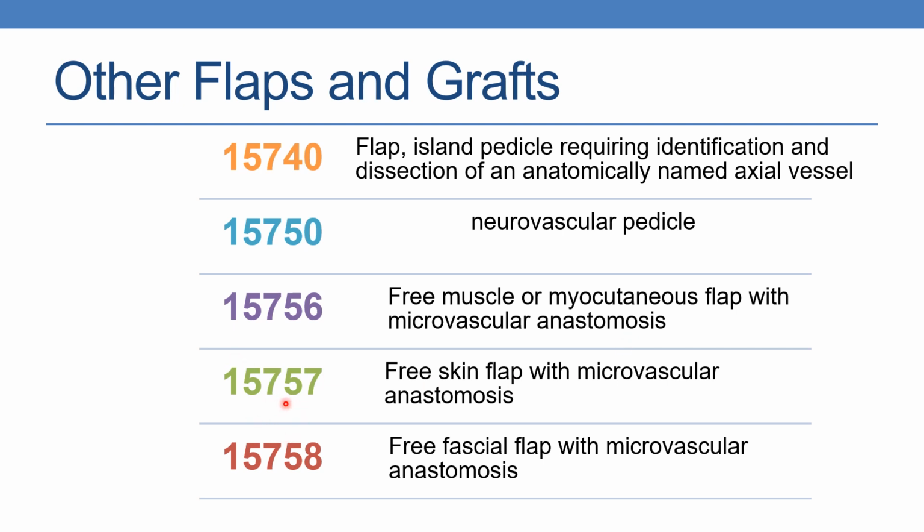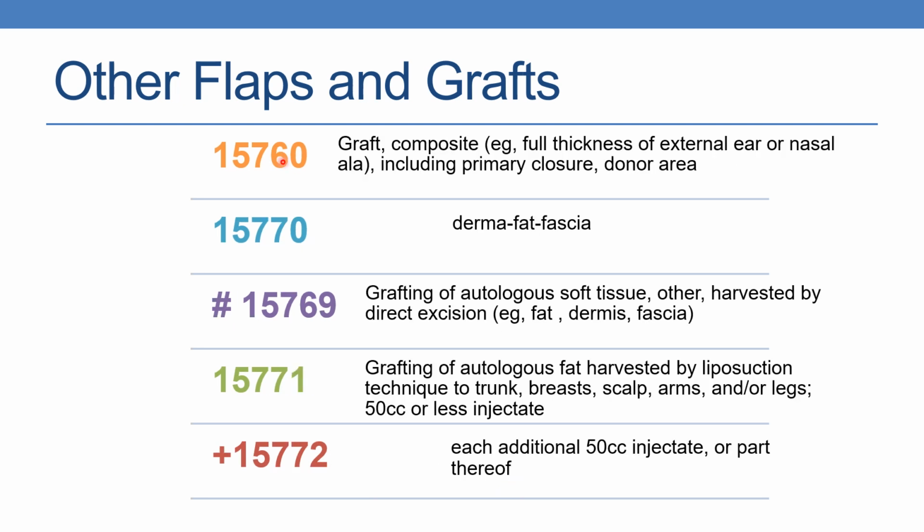The next is 15757, free skin flap with microvascular anastomosis. The next is 15758, free facial flap with microvascular anastomosis. The next CPT is 15760, graft composite. Example, full thickness of external ear or nasal ala, including primary closure, donor area.